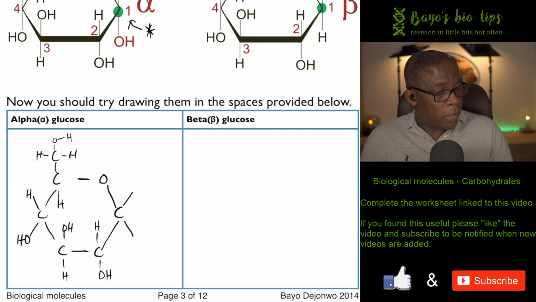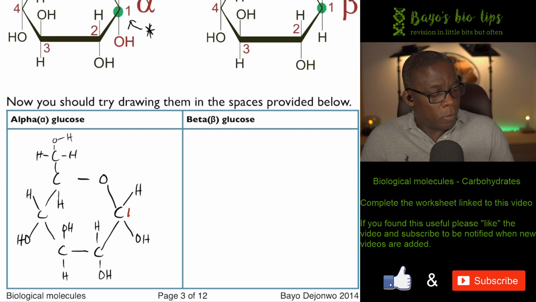So as I said, in alpha glucose, the hydrogen atom is on the top and the hydroxyl group is at the bottom. And we number the carbon atoms in the ring, starting with the first one after the oxygen atom and then working clockwise.